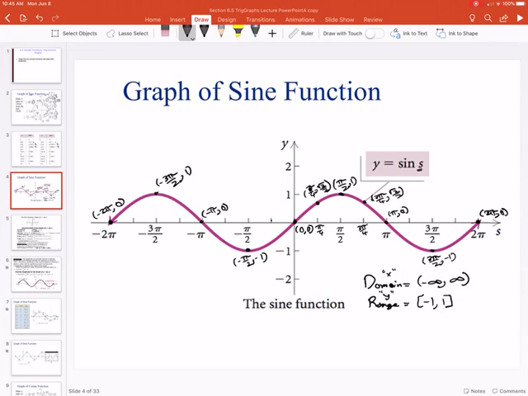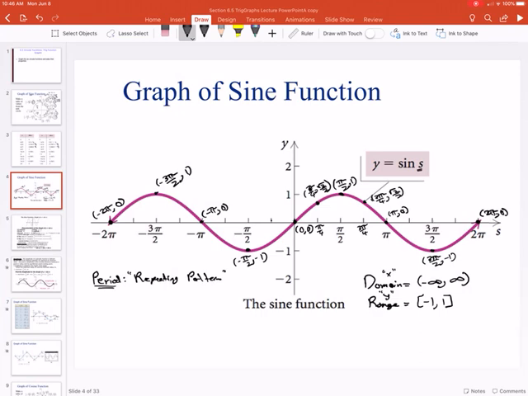All right, and as we look at other characteristics from this graph, we talk about the repeating pattern. We'll talk about the period. The period is the repeating pattern, how often it repeats this wave.